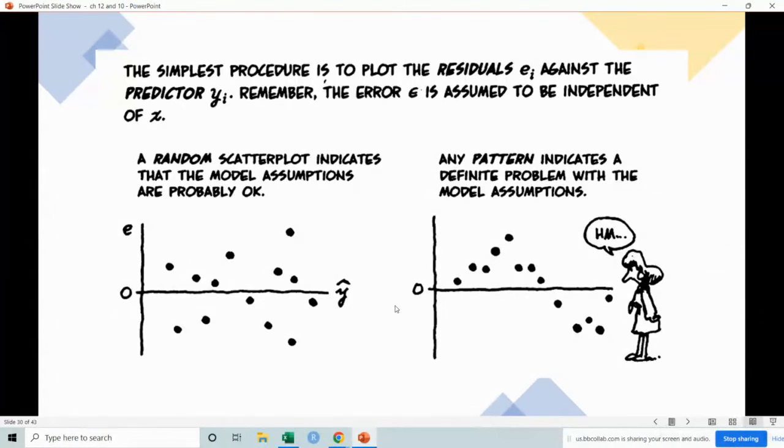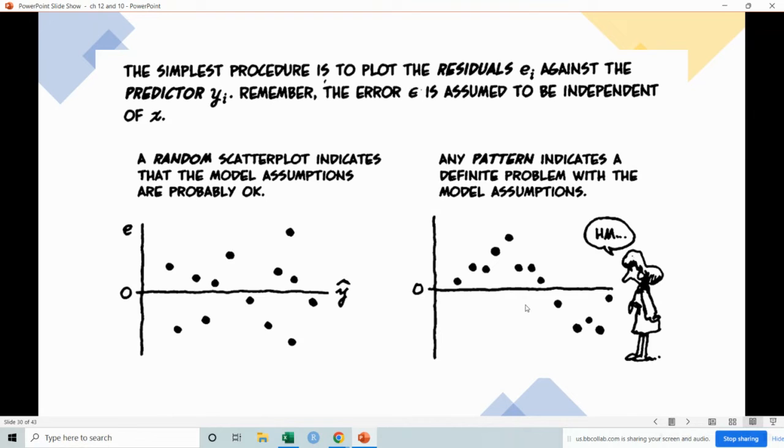Remember, the error, or epsilon, is assumed to be independent of x. So what we would expect is the residuals to be completely randomly distributed, so the error term is independent of x. Any pattern in the residuals indicates a definite problem with the model assumptions.